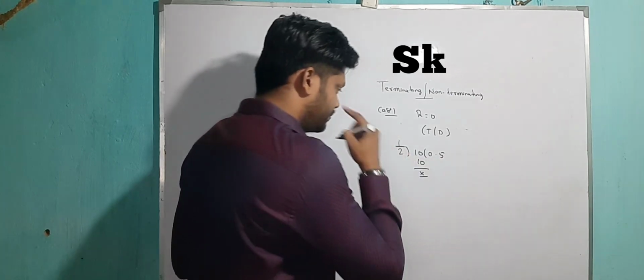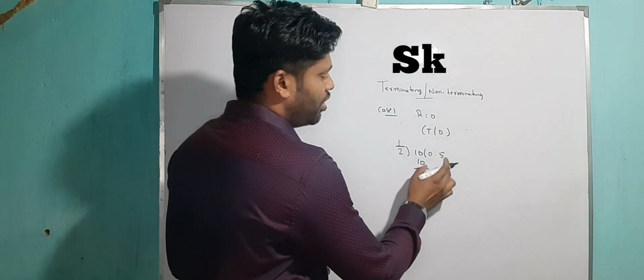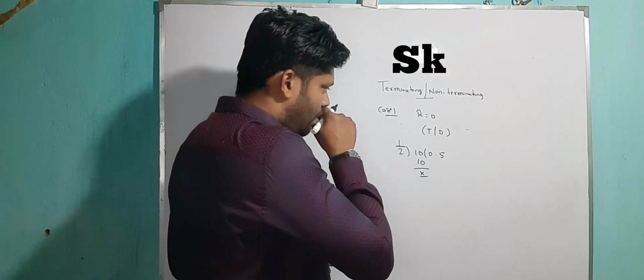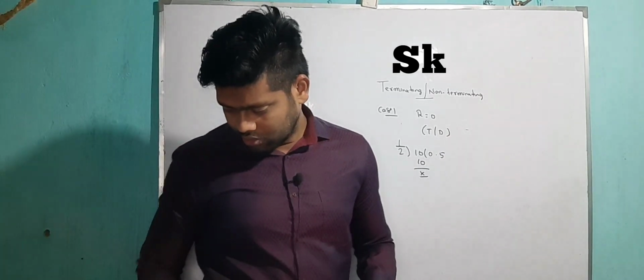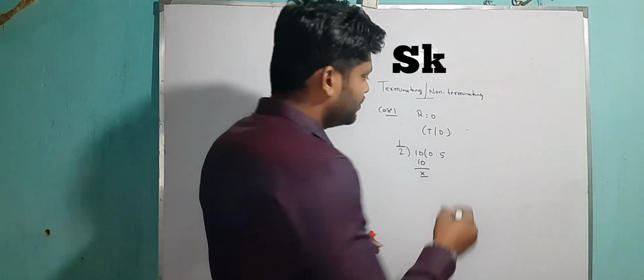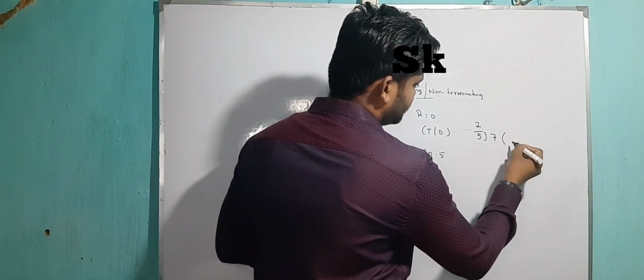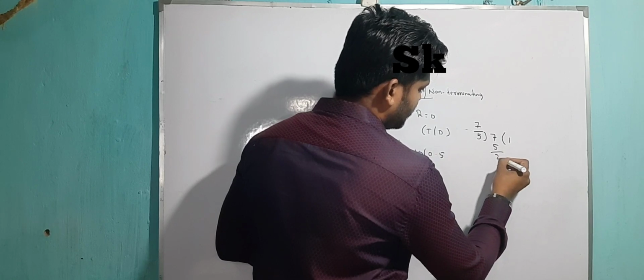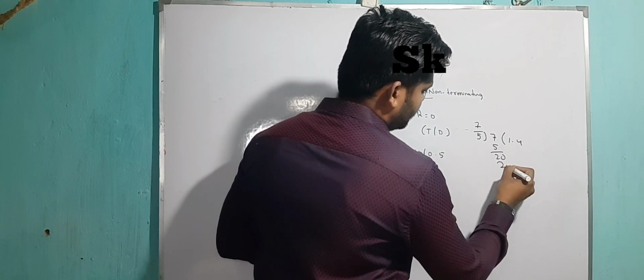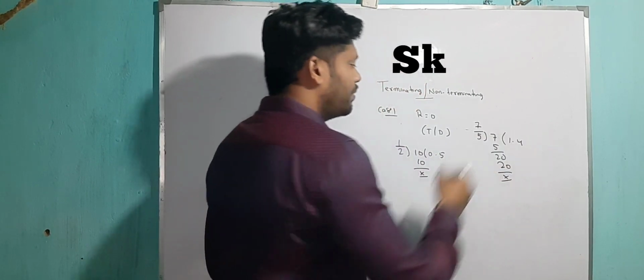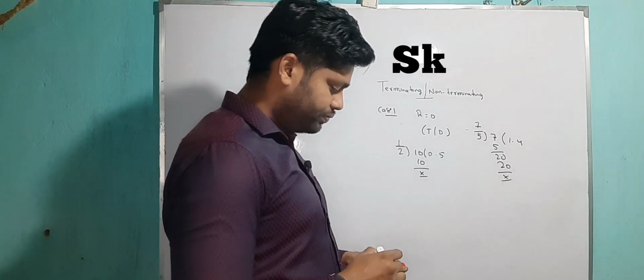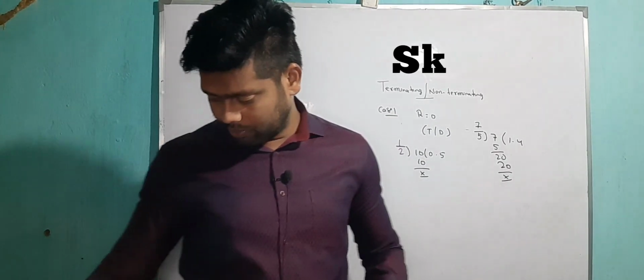So the remainder is 0. So terminating means it will not have any repetition. Next, 7 by 5. Terminating again.